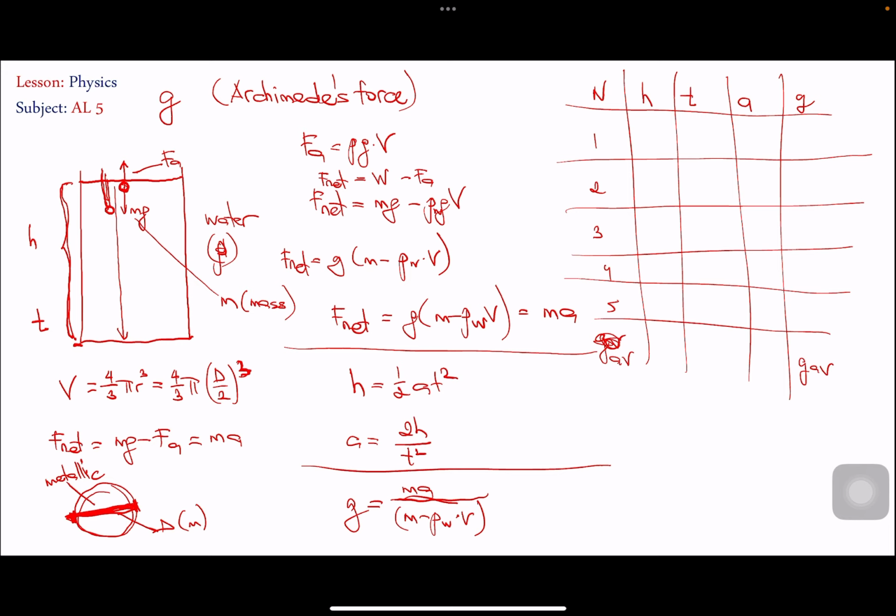Now, another way to find the gravity is the simple pendulum, and this measurement is very precise. It will be easy if you suspend a rope here.